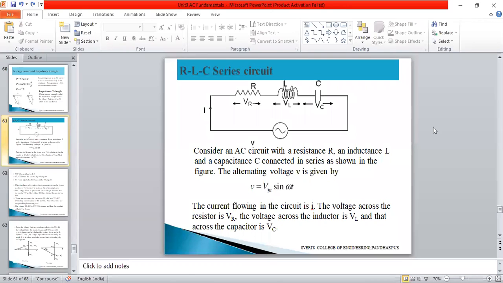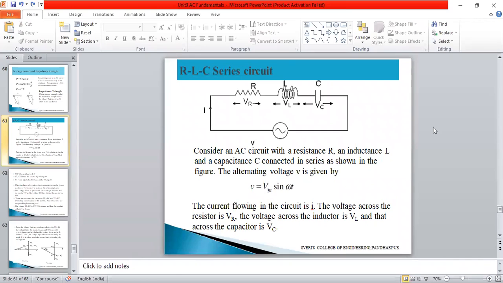For the RC circuit, same. Minus phi, sir, which one is minus phi? For which circuit will it become minus phi? For RL, sir. For RL, minus phi. And for RC, plus phi.